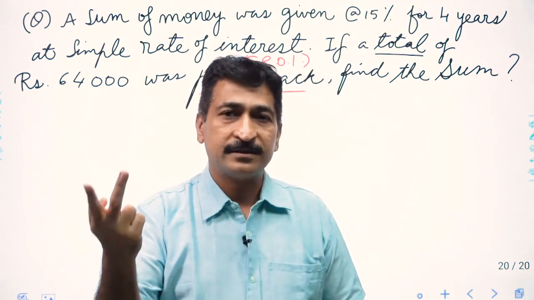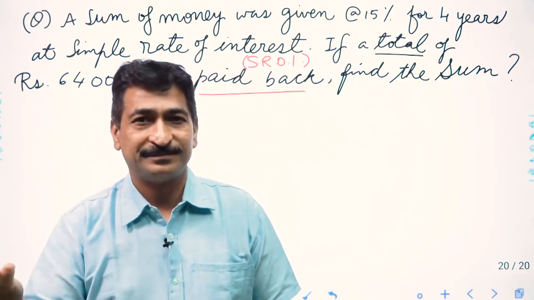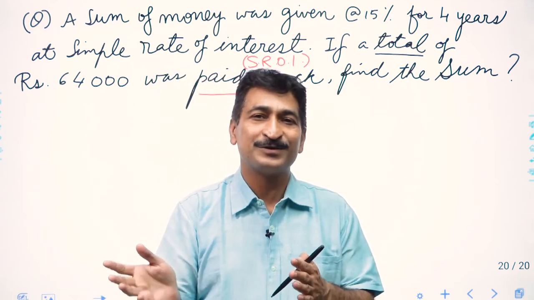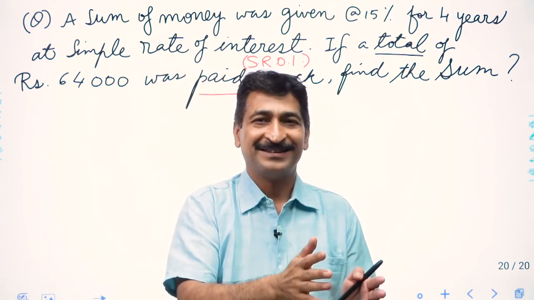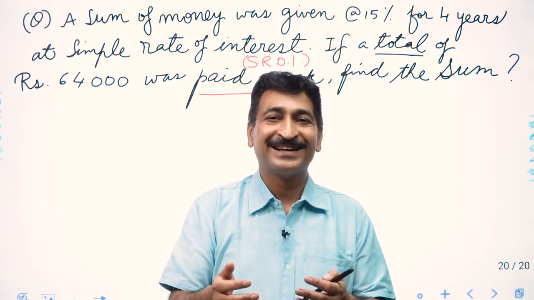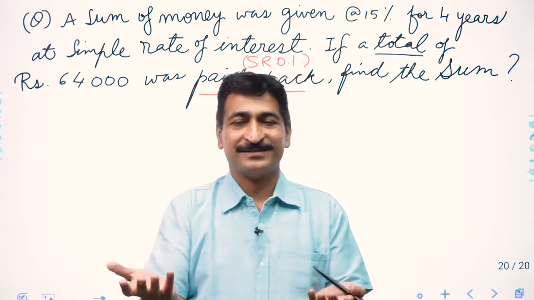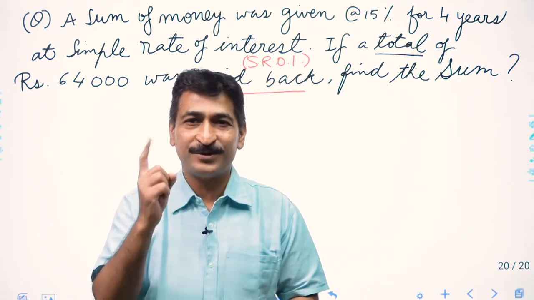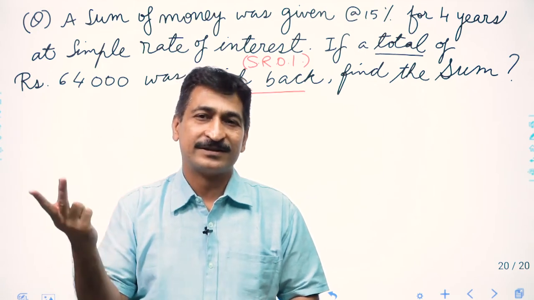Is it interest? Or is it amount? That means this is the money which was paid back with interest, so this is the amount, and amount consists of principal and interest.